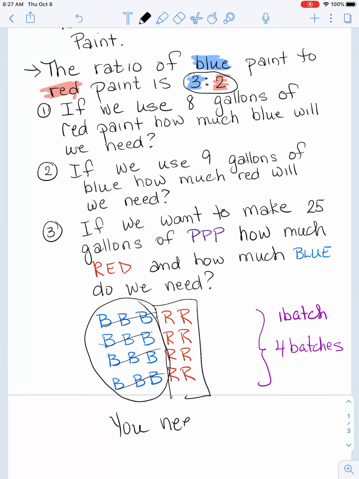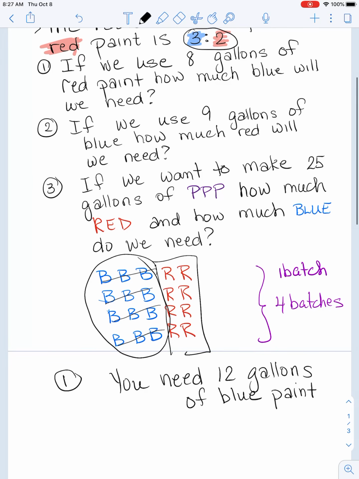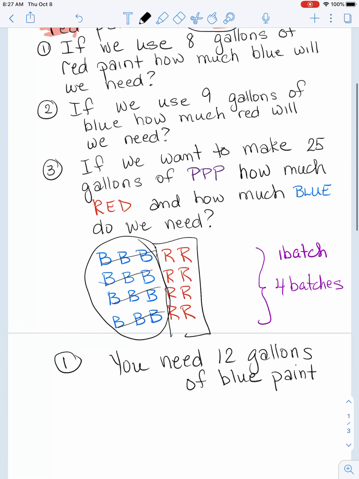You need 12 gallons of blue paint to keep the shade exactly the same, to keep up the pattern. So that's question 1. Question 2, we still have our same 3 to 2 ratio, okay?